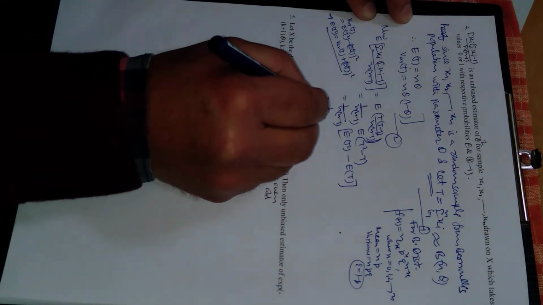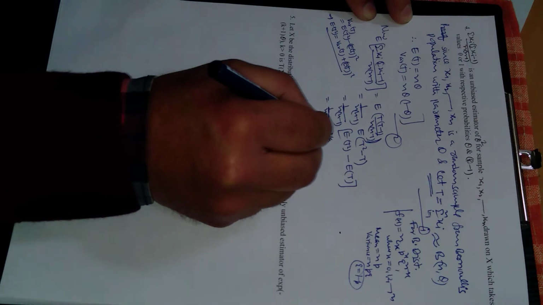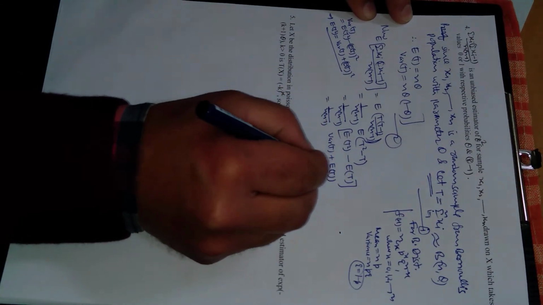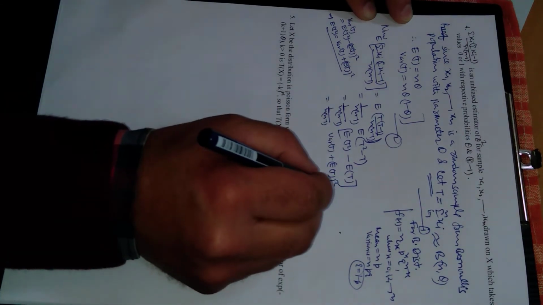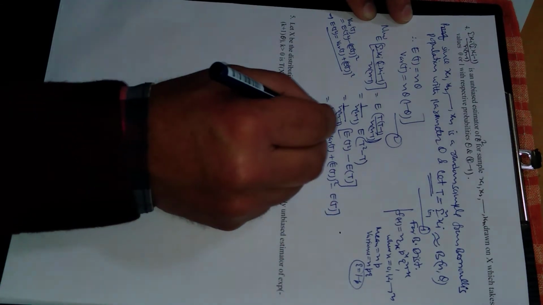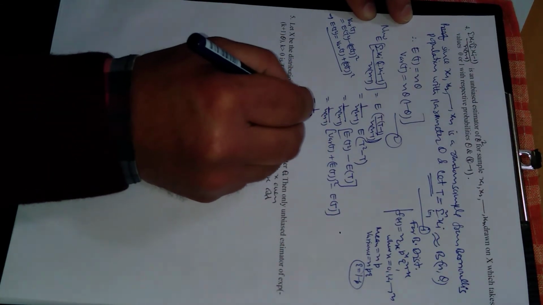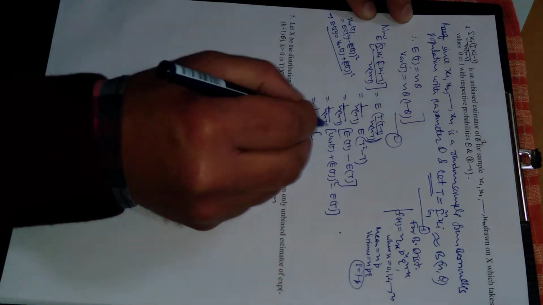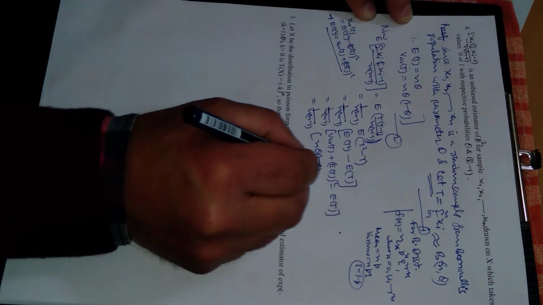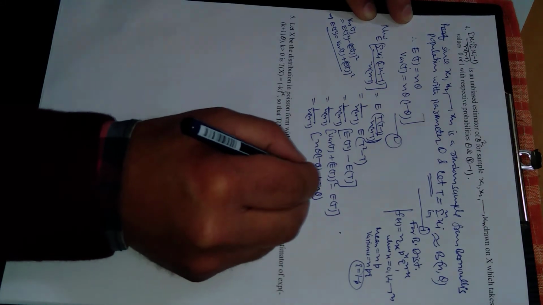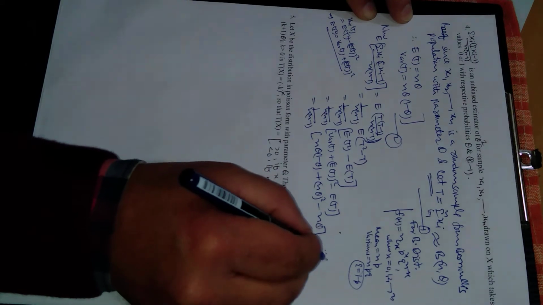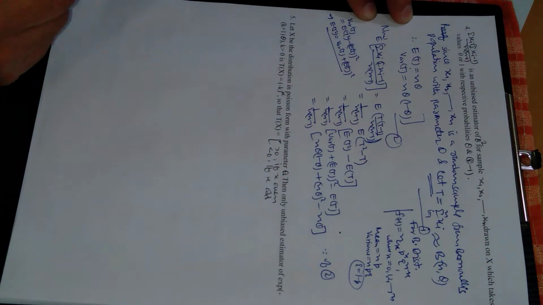So this will be 1 upon n into n minus 1, variance of t plus e of t whole square minus e of t, bracket close. What is variance of t? Variance of t from here is n theta into 1 minus theta, and e of t is n theta, so this will be n theta square minus n theta, bracket close, using equation 2.